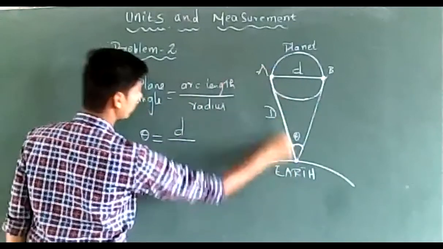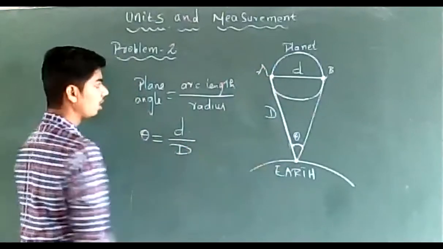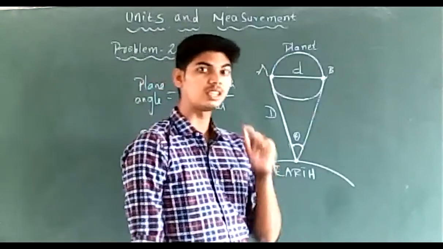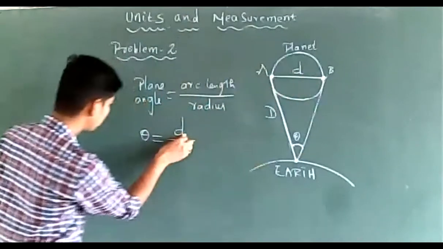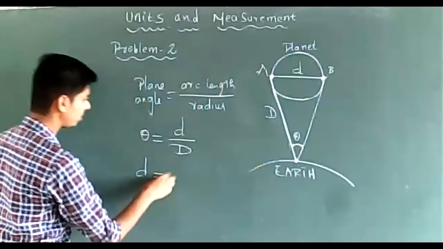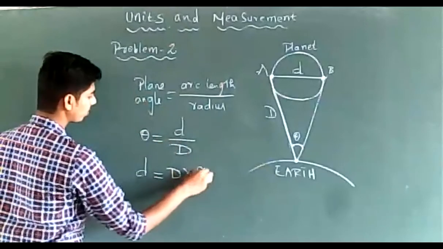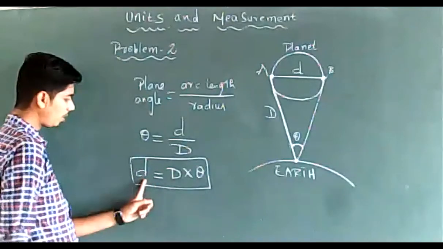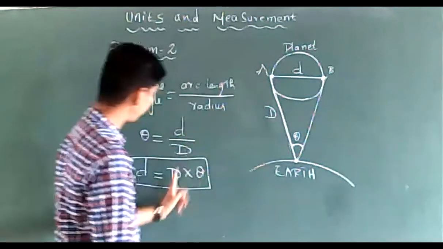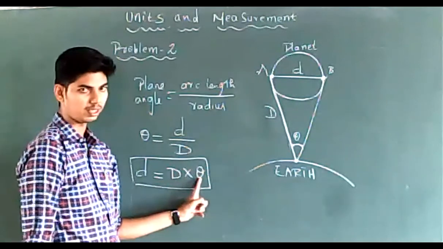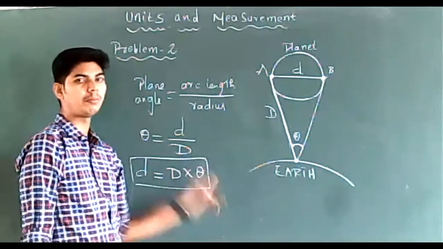The distance between Earth and the planet will serve as the radius, capital D. What is required of us is the diameter of the planet, small d. Cross multiplying, d is equal to D into theta. This is the diameter of the planet: the distance between Earth and the planet times the parallax angle.